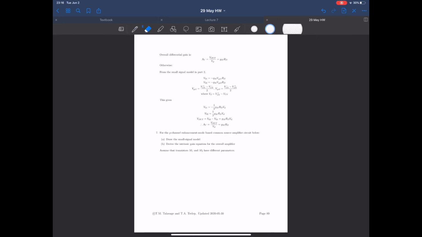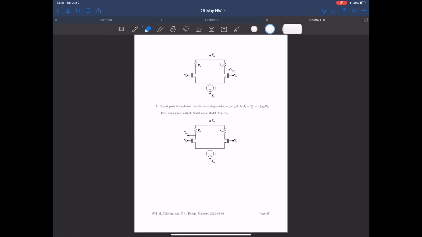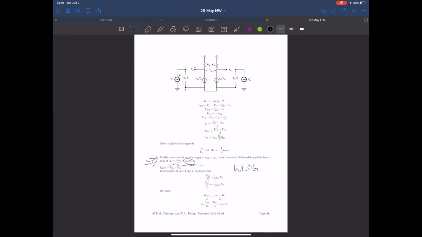Oh, sorry, I'm thinking the wrong one here. Yeah, this one here. This is the guy I'm thinking of. So this is pretty much the same as what you just did. So you can kind of shorthand notation that. That's fine.